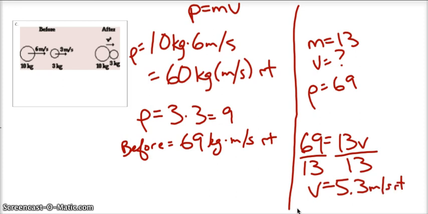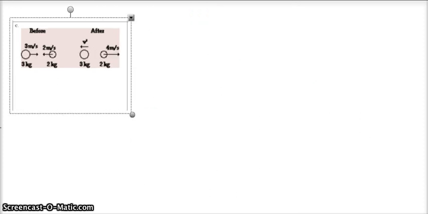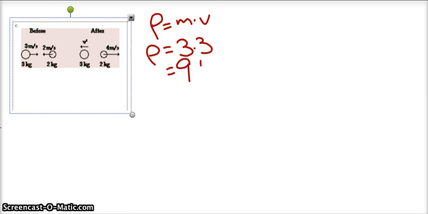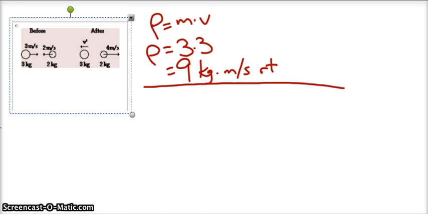Okay, so you've gotten 4 done. Number 5. This one's going to be a little bit more complicated because you have them going in opposite directions. So we're doing momentum of this one first. Momentum is equal to 3 times 3, so this one is 9 kilograms times meters per second to the right. The next one is also mass times velocity.